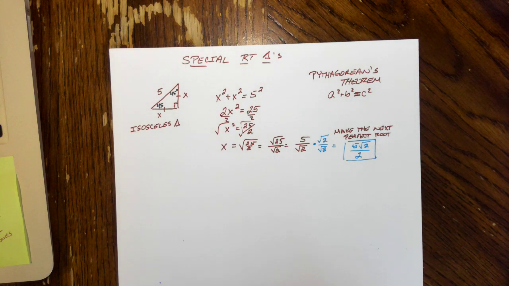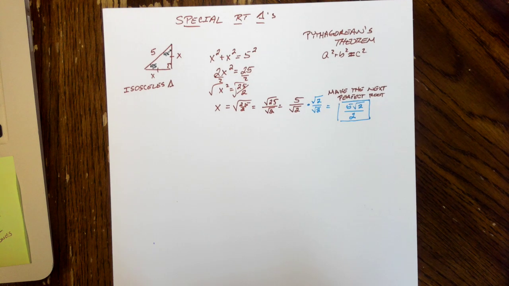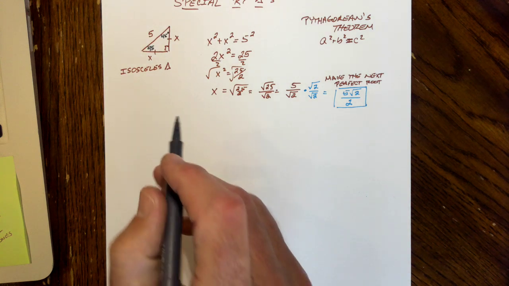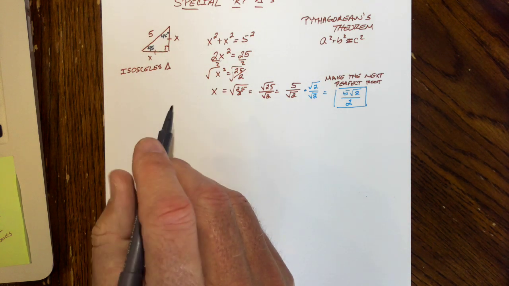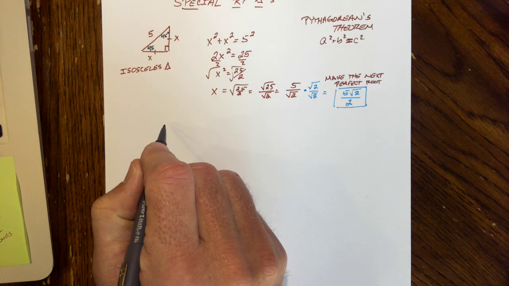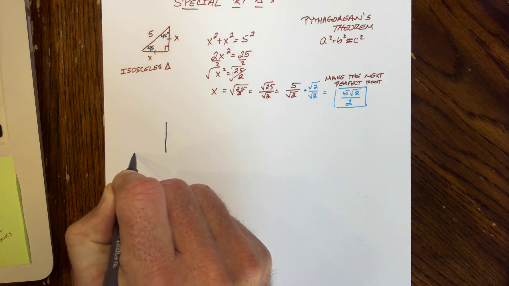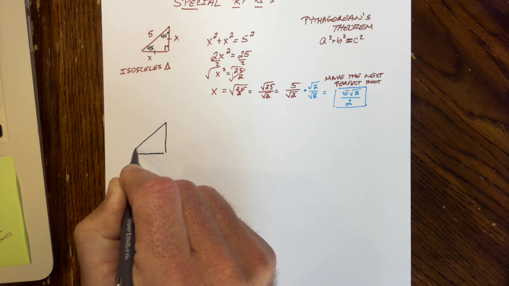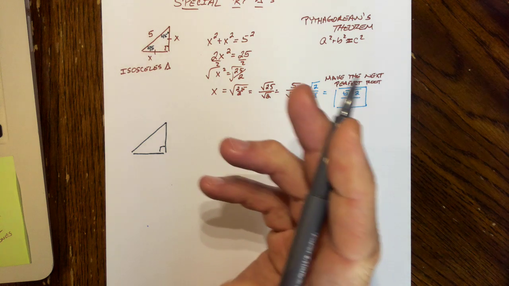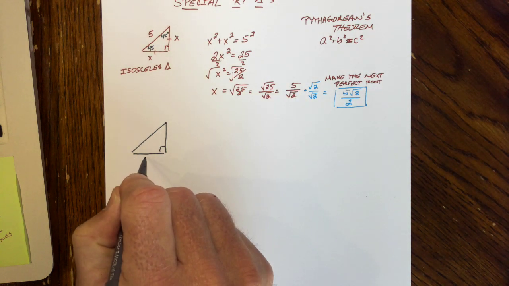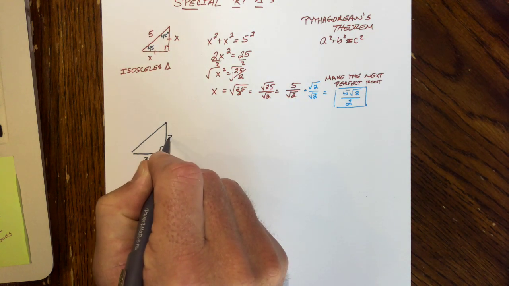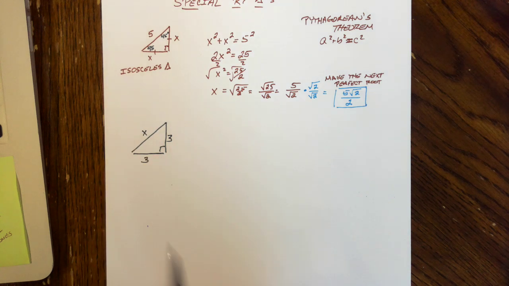All right. So now, let's look at a problem here. This time I'm going to give you another right triangle. It's got to be a right triangle for these things to work. I'll give you 3, 3, and we got to find x.